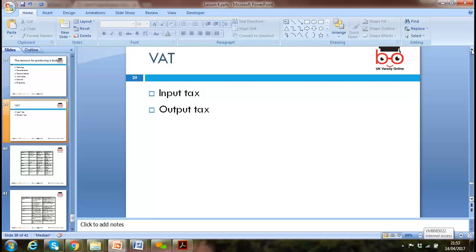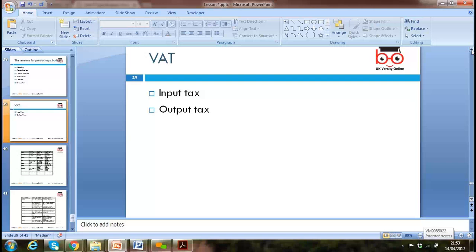Okay, so yes, you can quote an example, because every country is different. VAT in the UK on purchases we call input tax. When you sell, we call it output tax.